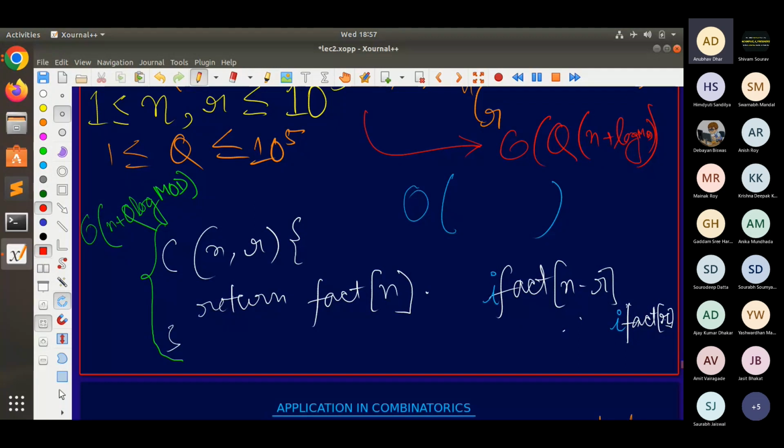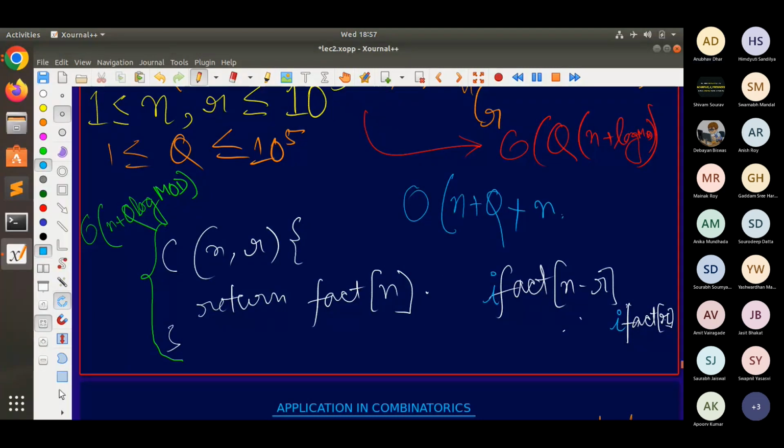There are 3 terms: n, q, and mod. So it's clear what I'm doing, right? Otherwise, please speak up. n plus q plus n log mod.